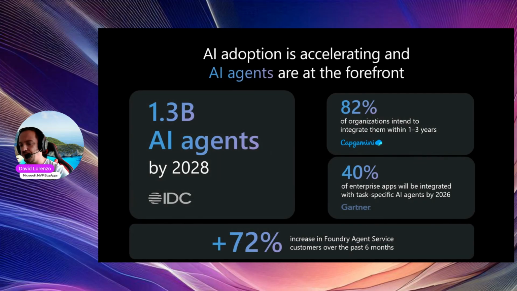If we go ahead, we see the predictions of different companies. This slide is taken from the Ignite sessions of Microsoft, but I like to show it here in case you haven't seen it. We expect that by 2028, 1.3 billion AI agents will have been built. We have seen a 32% increase in Foundry Agent Service customers over the past 6 months, and these are really good numbers.